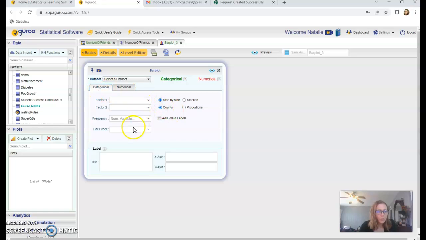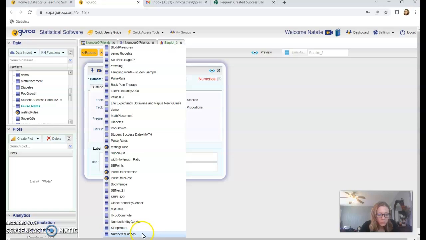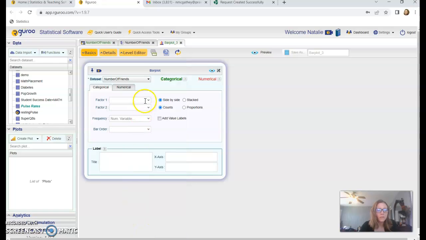So I am going to look at my data set, number of friends. Factor 1 would be gender. That's how I'm going to distinguish these 2. And then factor 2 will be number of friends. And now we do have a frequency. We call them counts. That's why I'm using this bar plot, because it'll allow me to use frequencies. All right, let me take a look at what we've got here.